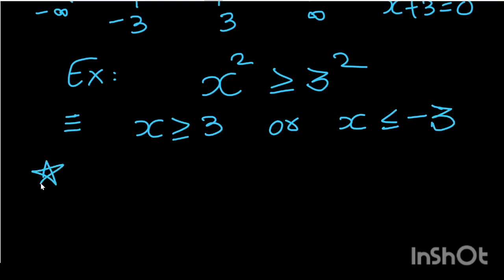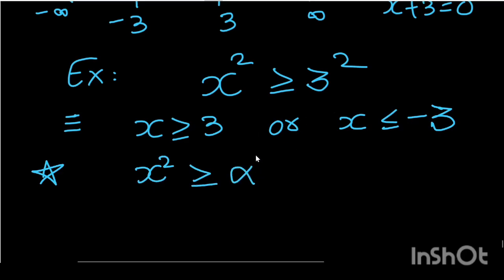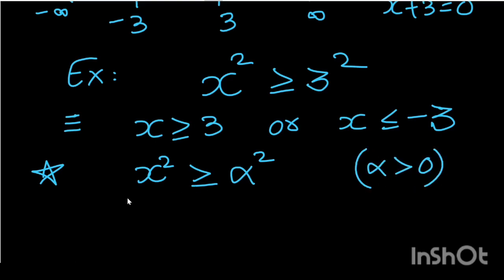In a similar way, instead of 3, if I write a number alpha, generalizing this, okay, alpha is positive. In a similar way, taking alpha square on the left hand side, factorizing, plotting on the number line and so on, we will get this, guys, and this is the general result.